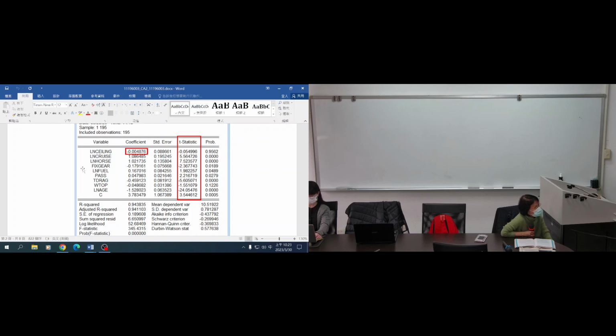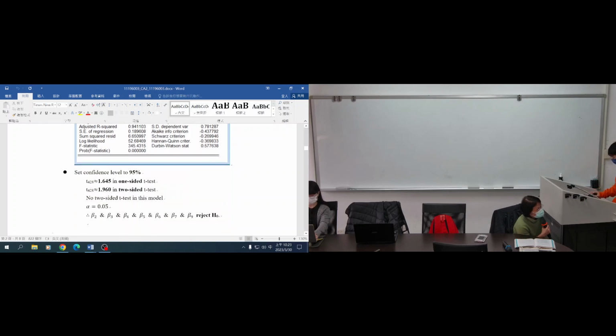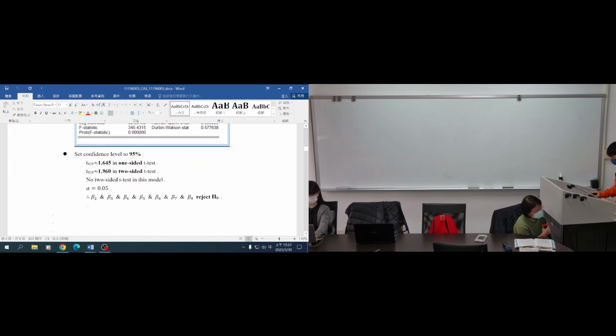Instead, at 5%, beta 2, beta 3, beta 4, beta 5, beta 6, beta 7, and beta 9 are important. The only two variables which are not significant enough are beta 1 and beta 8. So here's the result.